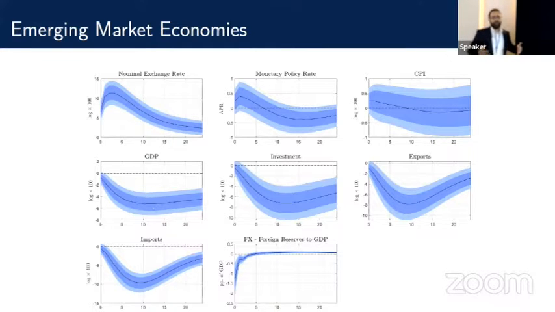What we find in the paper, we try many different specifications. What we robustly find is that GDP decline in emerging markets is much larger than decline in advanced economies. And for some specifications, GDP decline in emerging markets is more than the GDP decline in the US. For some specifications, they are similar. And again, clearly what we observe is that investment goes down, exports go down, which drives down GDP.